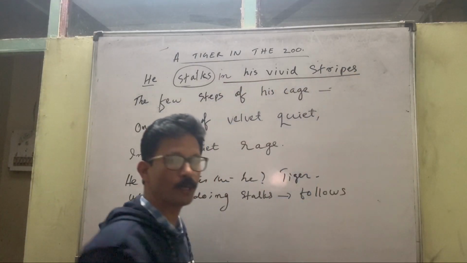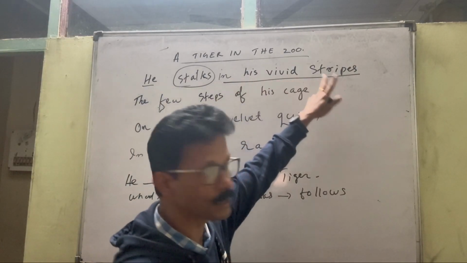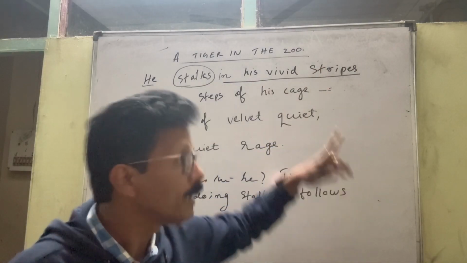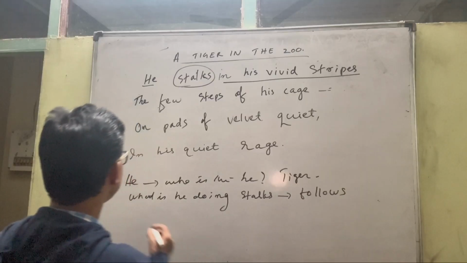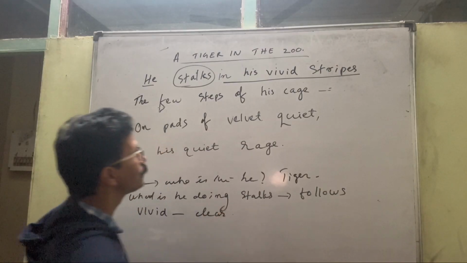Now, this part of the poem we should explain: in his vivid stripes. Here again, his means the tiger's. What is vivid? V-I-V-I-D. Vivid means clear, not vague.